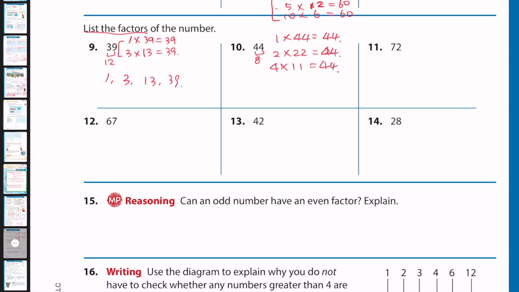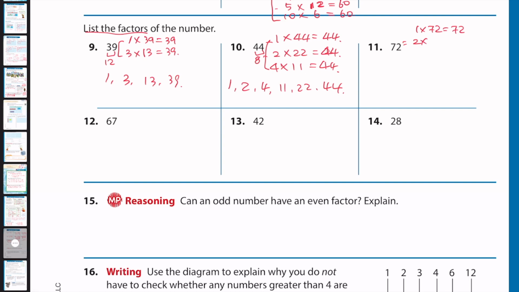And what about 5? Oh, we know. That's it, right? So these are 3 pairs. So let's list them here now: 1, 2, 4, 11, 22, 44. That's it.